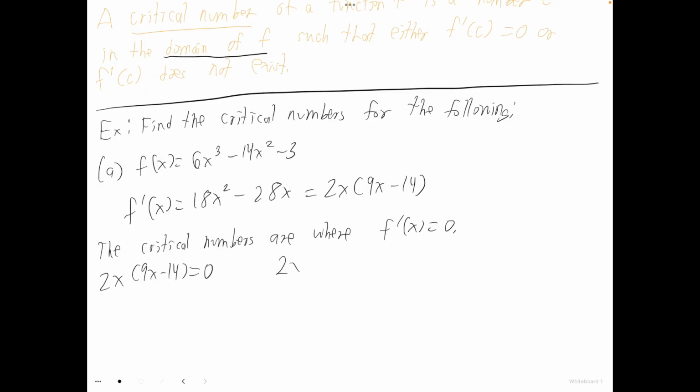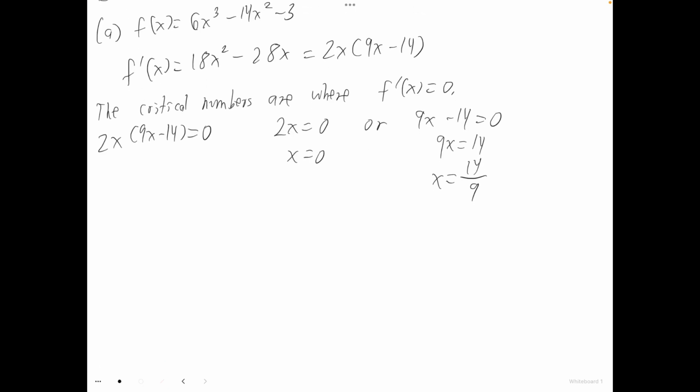Well, this occurs when 2x equals 0 or 9x minus 14 equals 0. If 2x equals 0, x is 0. And if 9x minus 14 equals 0, then 9x equals 14, where x equals 14 over 9. And so those are then our critical points.